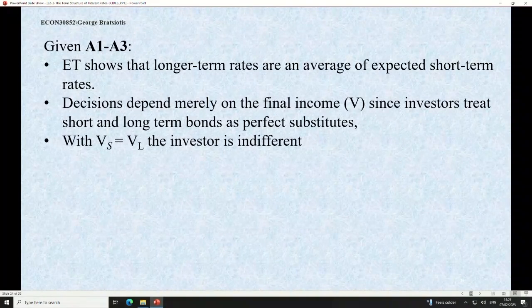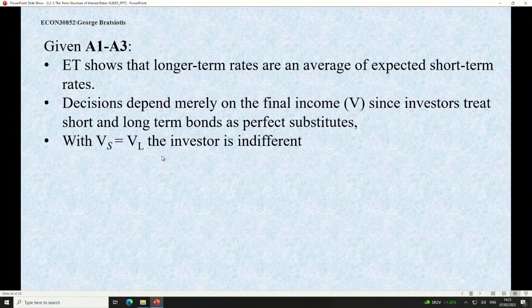They say, look, I don't care whether I'm going to the long or the short run. All I want to see is at least the same return between the two, and I will decide which one is best. So the whole assumption is that they start from the value of the short-term investment must be equal to the value of the long-term investment.